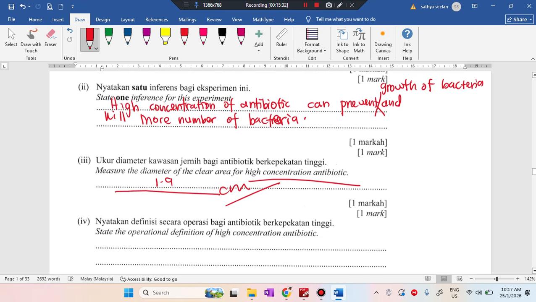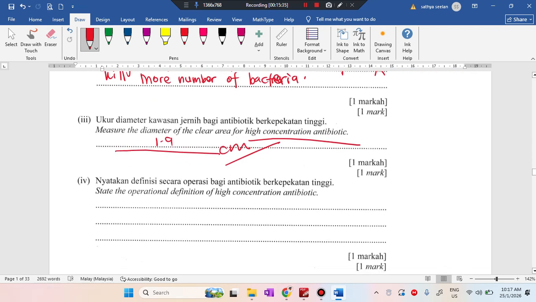Pagi-pagi dia nak message. Okay, state the operational definition of high concentration of antibiotic. Antibiotic is a substance, correct? No? So don't tell me high concentration antibiotic is a type of antibiotic. That one too weak the answer. Okay, high concentration antibiotic is a type of substance.